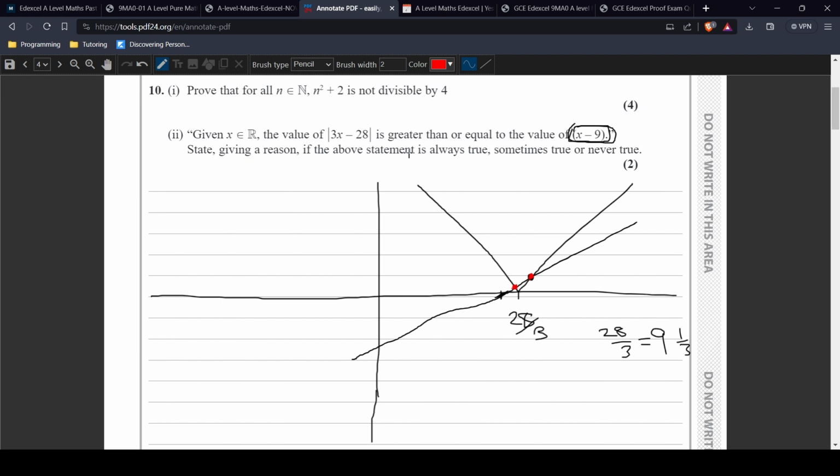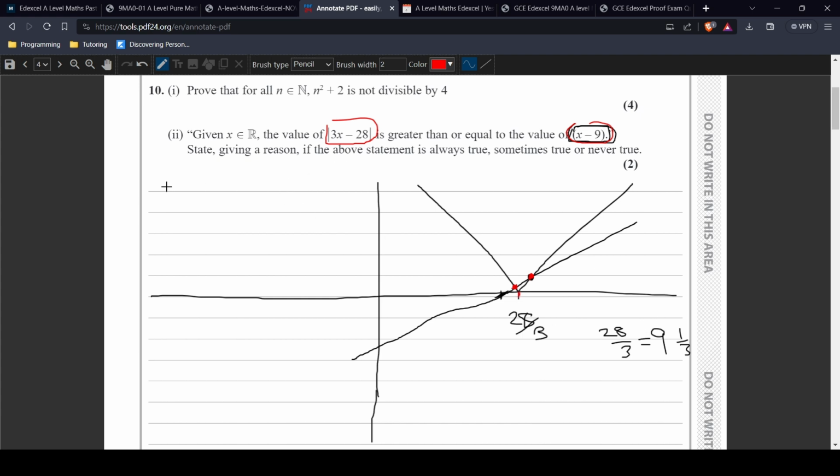So this is only sometimes bigger than x minus 9. If we find these intersection points, then we can say what values of x it's bigger than and what values of x it's smaller than x minus 9. Clearly between these two red dots is the value 28 over 3.